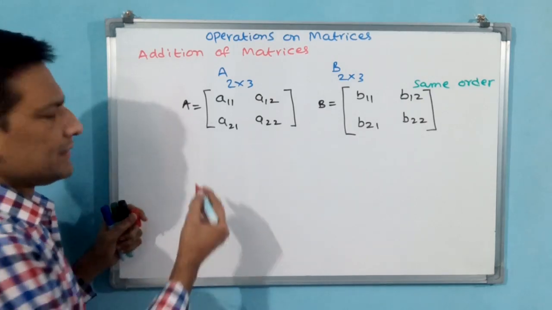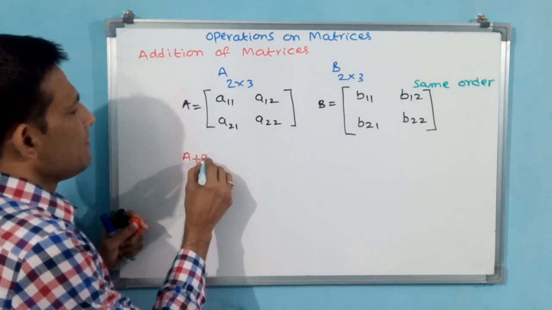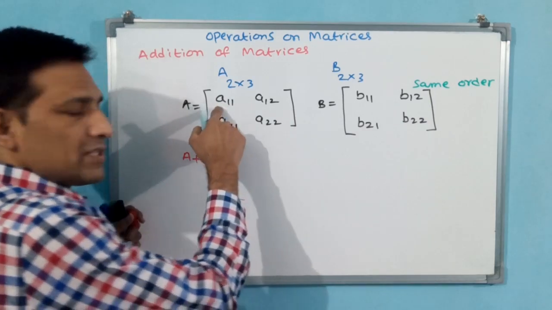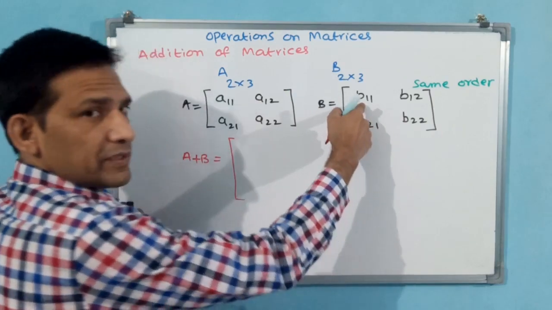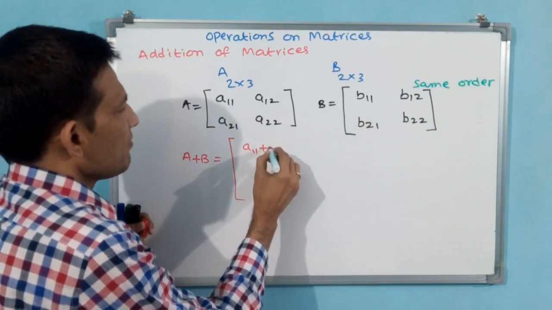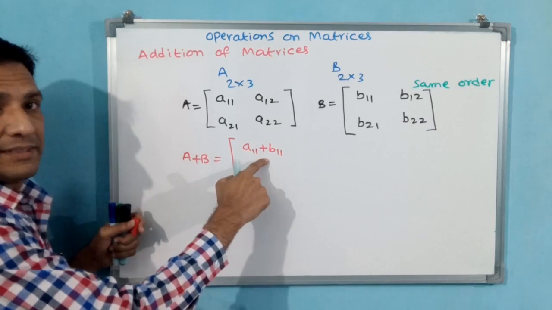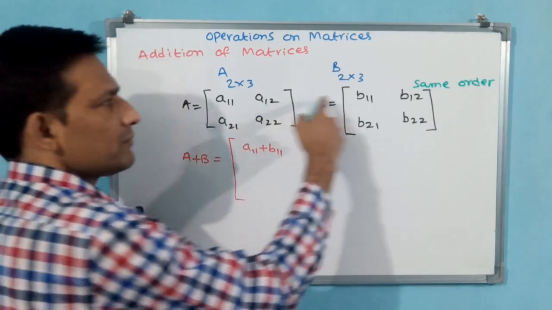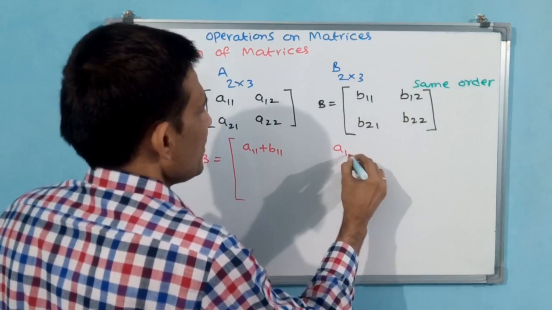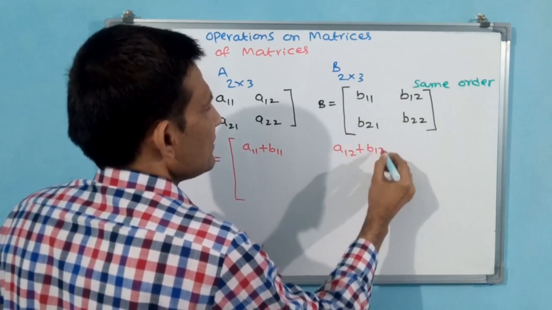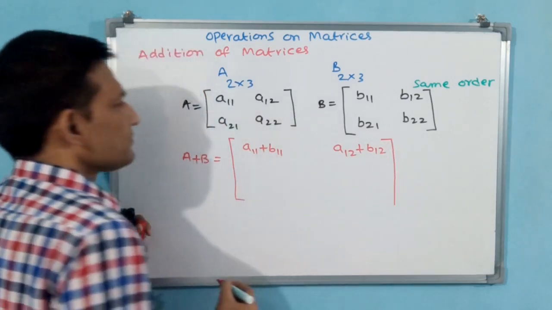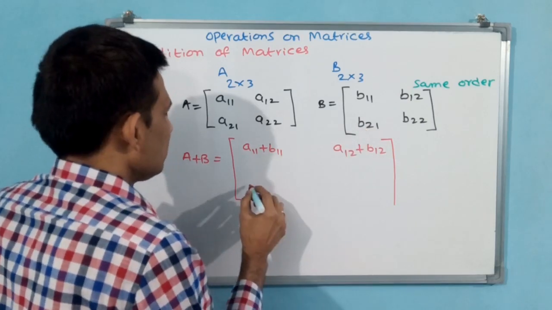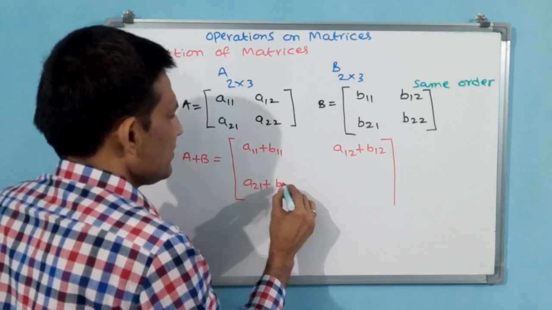Then how to add? A plus B is equal to, you see, first row first column plus first row first column: A11 plus B11. Then first row second column plus first row second column: A12 plus B12. Second row first column plus second row first column: A21 plus B21.